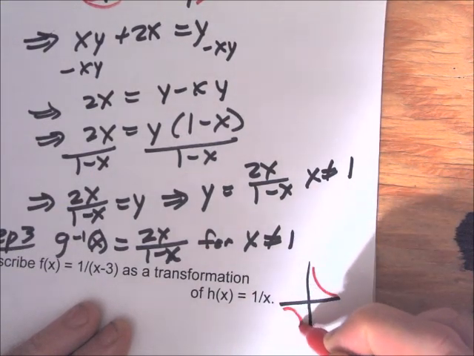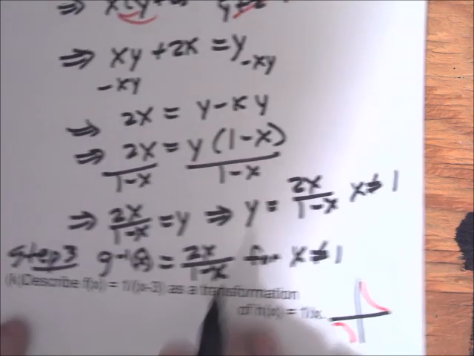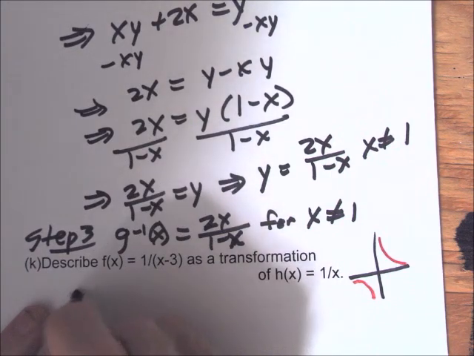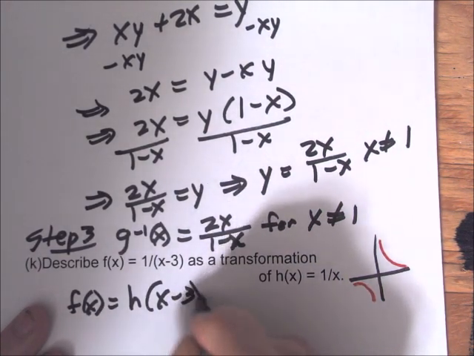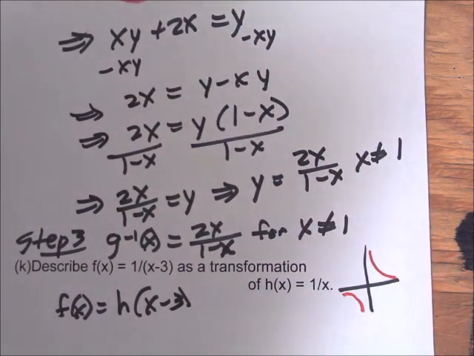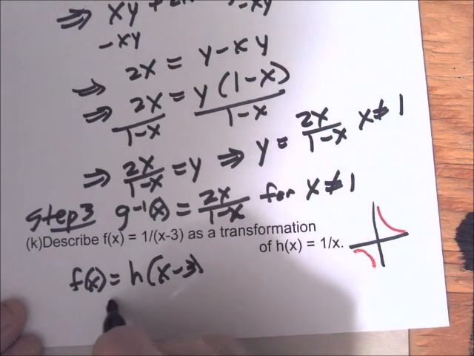That's h of x. And so f of x is equal to h of x minus 3. So we're just changing the input. f of x is h of x minus 3. We're just replacing x by x minus 3.